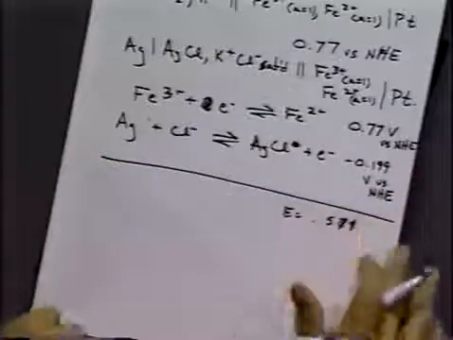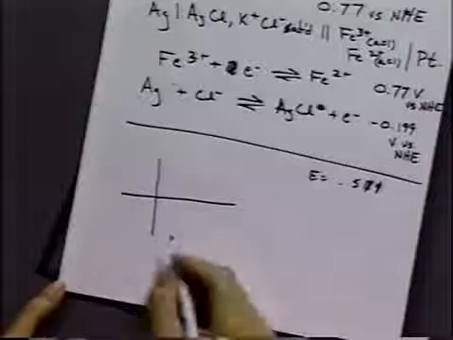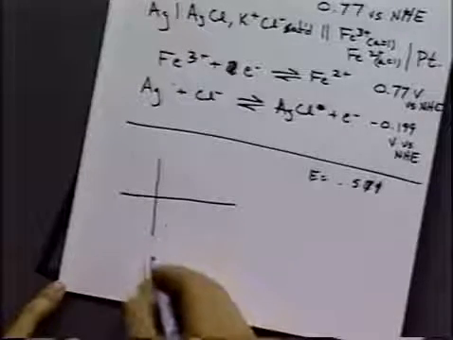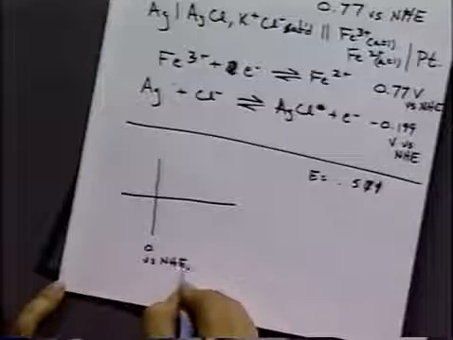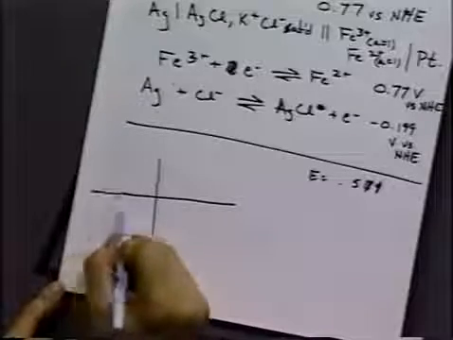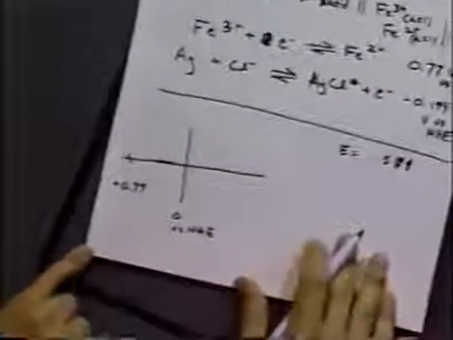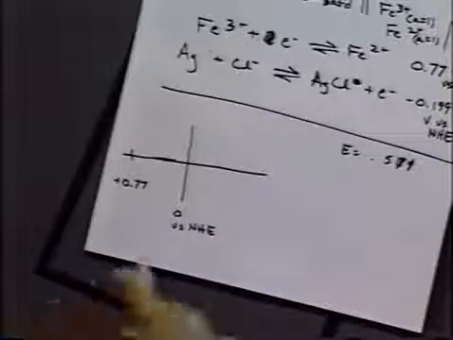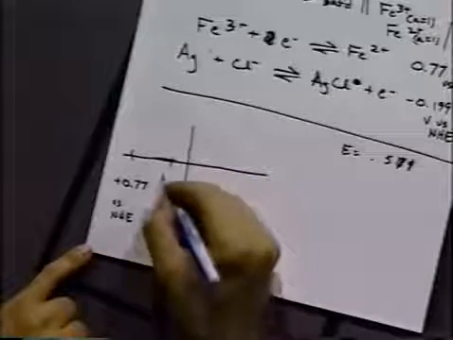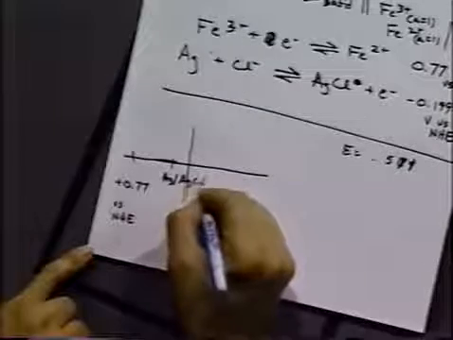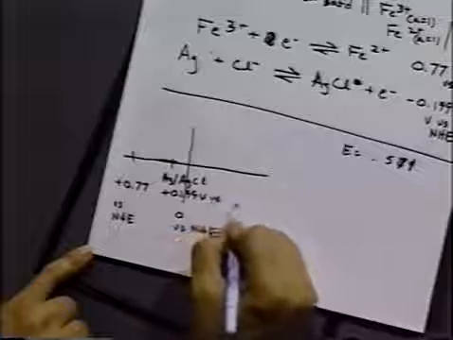That's a little complicated. I think an easier way to do it is just think about it as a timeline, or a potential line, if you like. If we have 0 versus NHE, we can think about our iron as being out here at plus 0.77 volts versus NHE, and our silver chloride at plus 0.199 versus NHE.